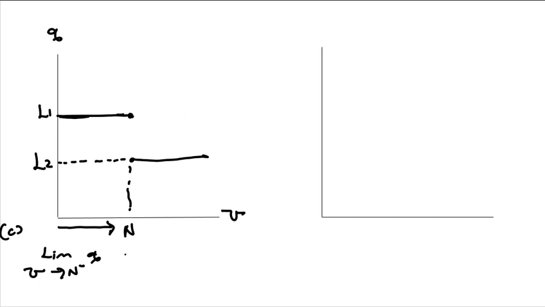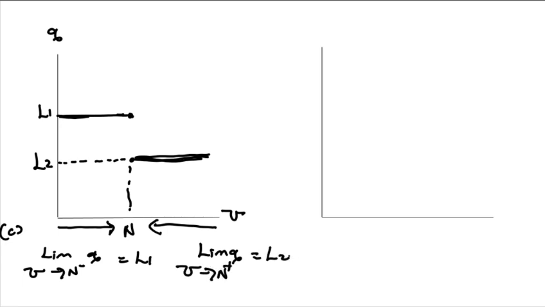So it's equivalent to L1. What about from the right side? Move here. Then we're talking about this curve, isn't it? So you can see here, the limit of q as v approaches n from the right hand side is L2. L1 is here, L2 is here. So can we say that the limit of q as v approaches n exists? No, because L1 is not the same as L2.